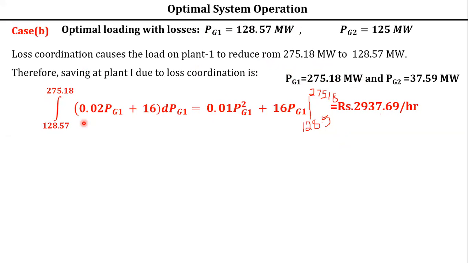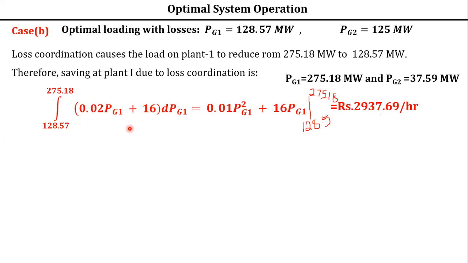Now similarly, you find out the savings at plant 2 and you tell me the answer. That means again integrate the second incremental fuel cost over the limits. Now you decide which limits.